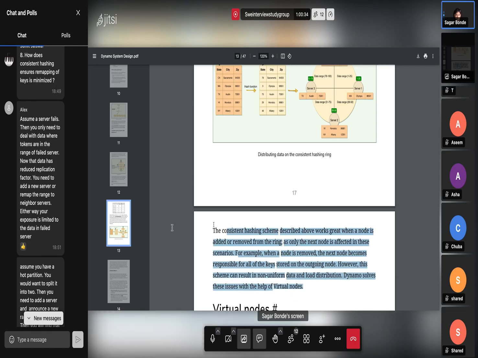Consistent hashing is a mechanism that helps us do data partitioning in an optimized way. Wherever data partitioning comes in, we can choose to go with the consistent hashing scheme. So it's different. And then DynamoDB, for its data partitioning, is using consistent hashing. So look at it that way.